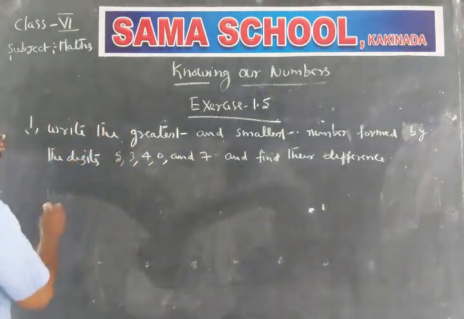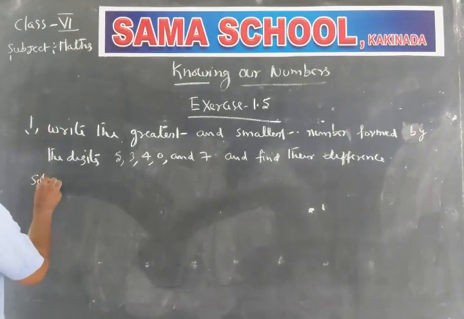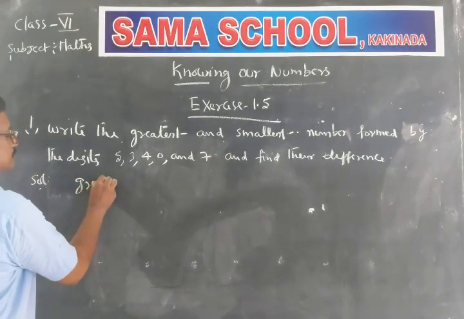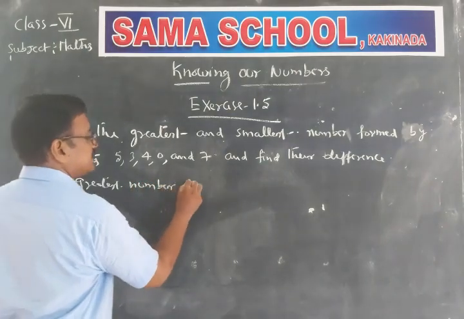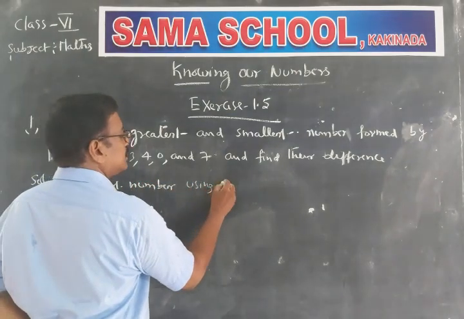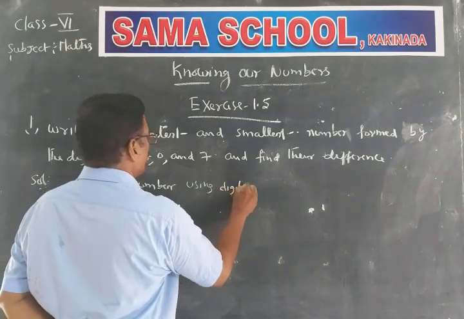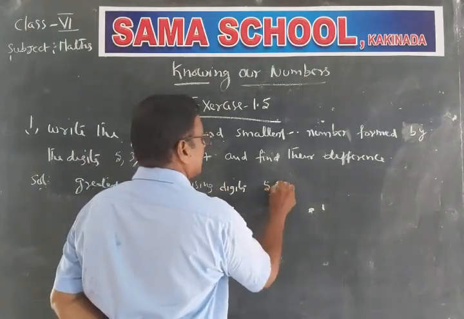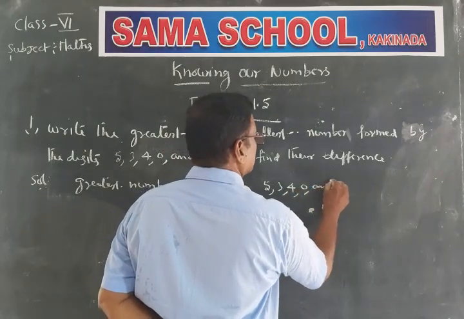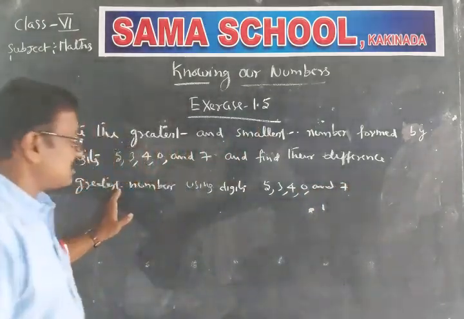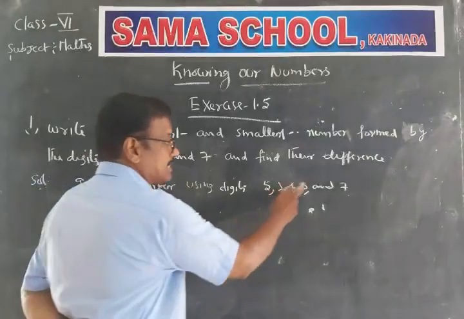First we write the greatest number using the digits 5, 3, 4, 0 and 7. To write the greatest number, you write in descending order.